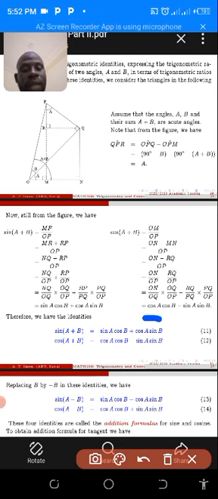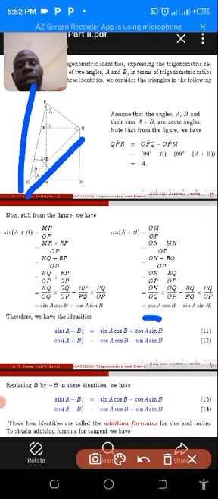And then OQ times OQ divided by OP. This is OQ divided by OP. This is OP. And that is equal to adjacent over hypotenuse of the angle B, and that is equal to cos B. That is why we have cos B here.